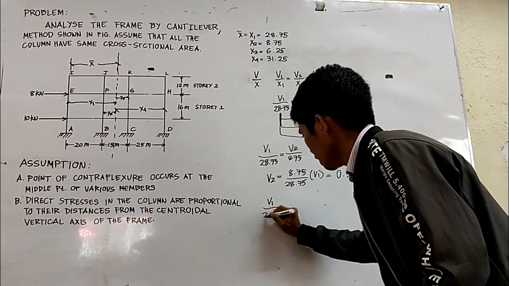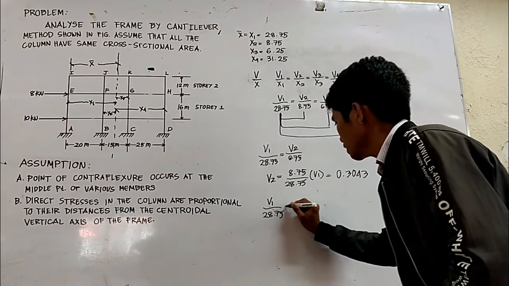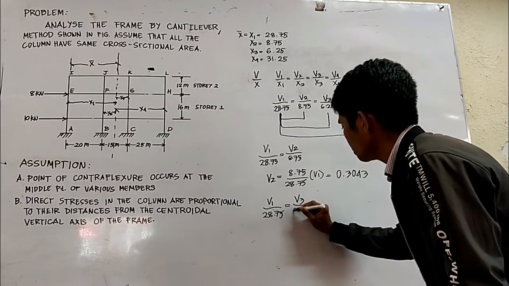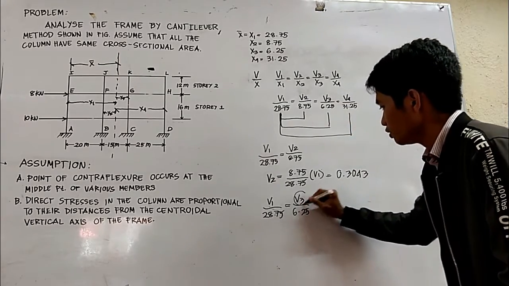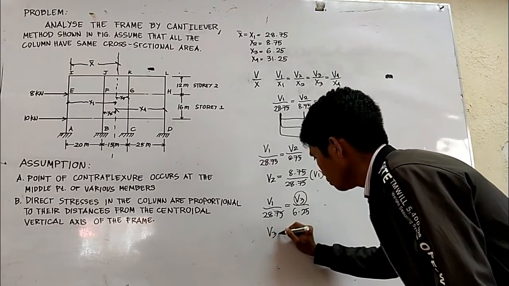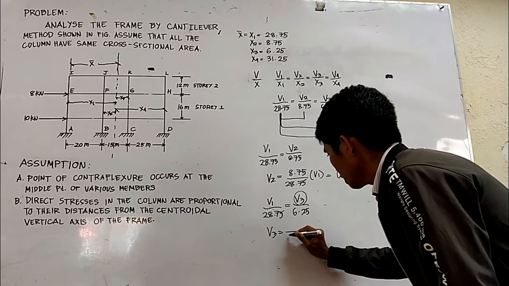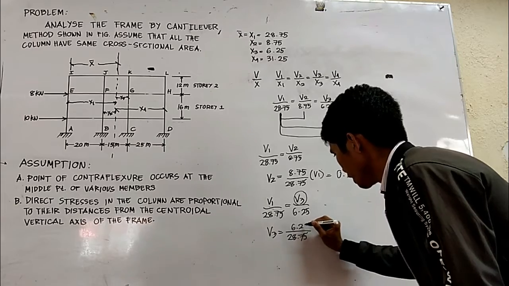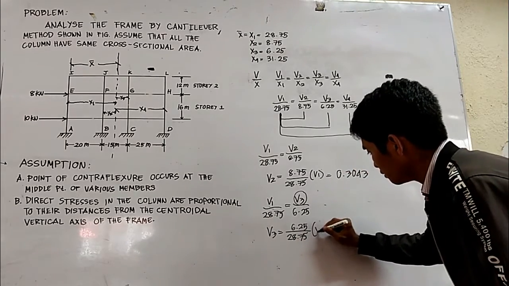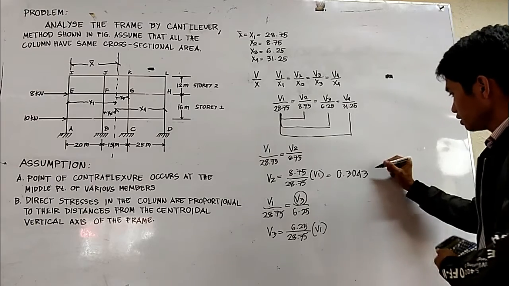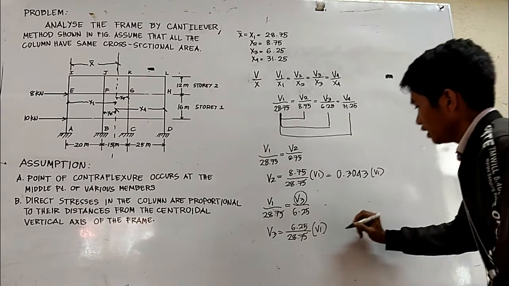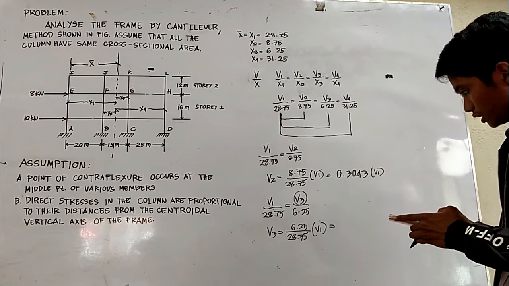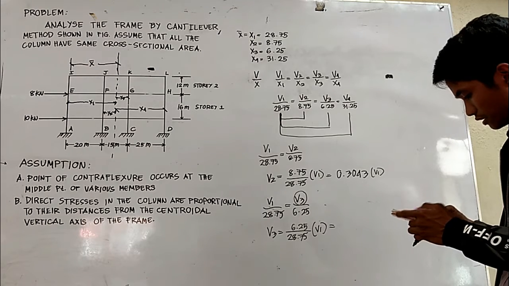On V1 to V3, V1 over 28.75 equals V3 over 6.25. We will find the value of V3. So V3 is equal to 6.25 over 28.75 V1, and therefore we simplify 6.25 over 28.75.